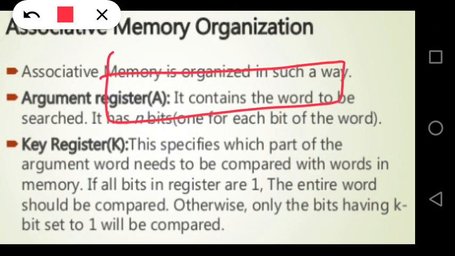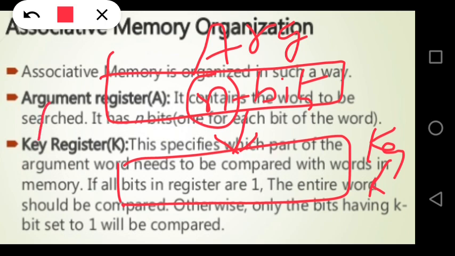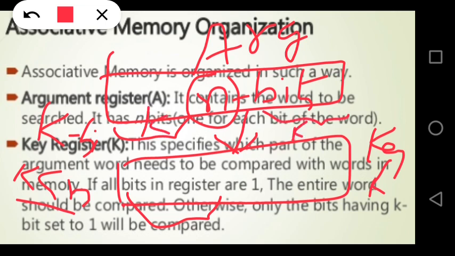Remember, the argument register contains n bits, and the key register selects some bits out of these n bits, so it specifies which part of the argument, whether you want to see the first k bits. Obviously k is less than n, so you want to select which part of the word, whether the first k bits or last k bits, something like that.